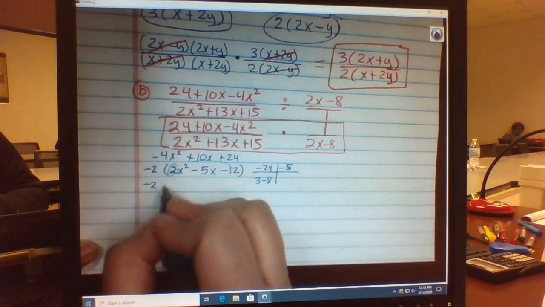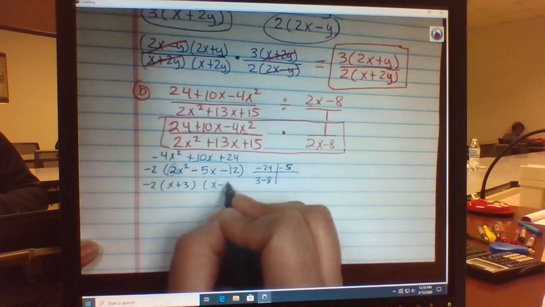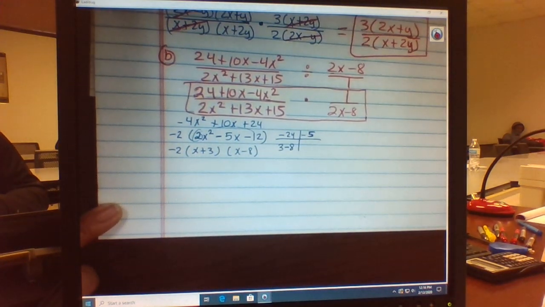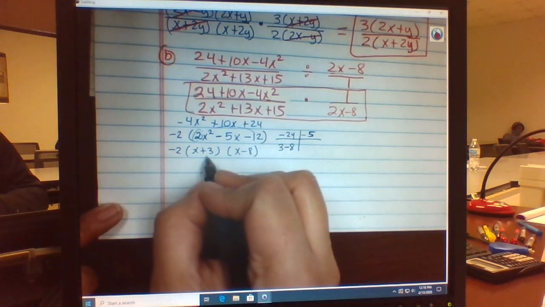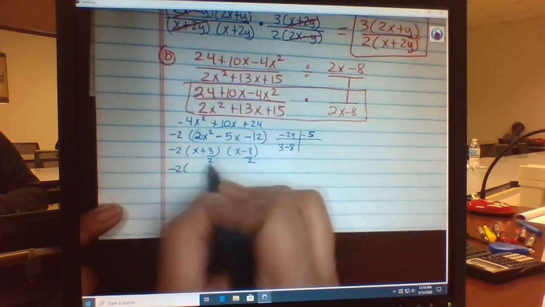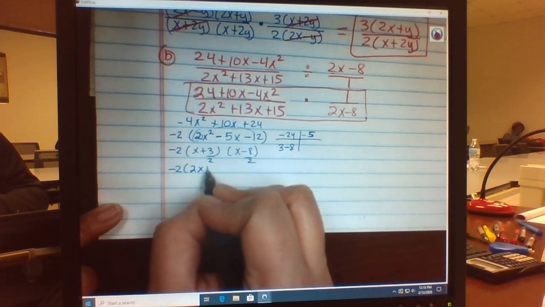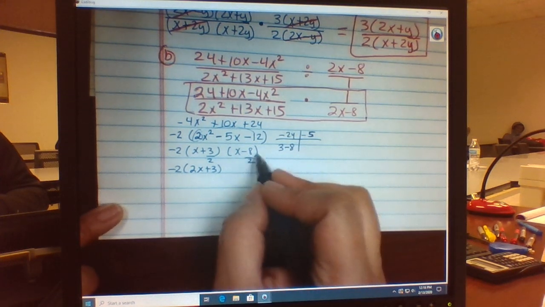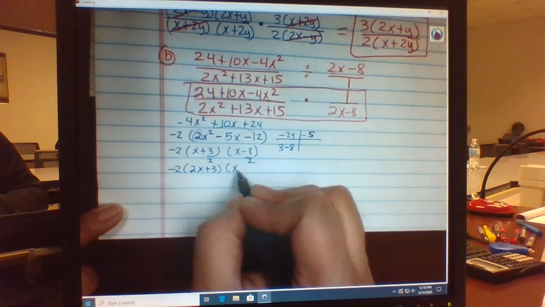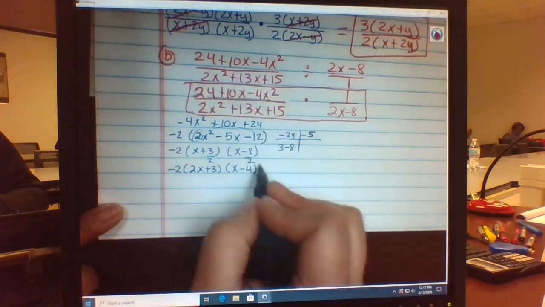So negative 2, x plus 3, and an x minus 8. But because I multiplied by 2, I have to make sure I divide by 2. Does this 3 divide by 2? Nope. So it becomes 2x plus 3. Does this 8 divide by 2? Yes, that becomes x minus 4. So here's the top.